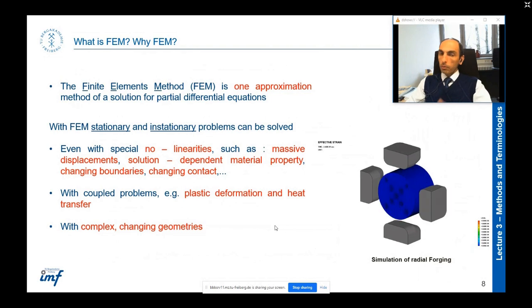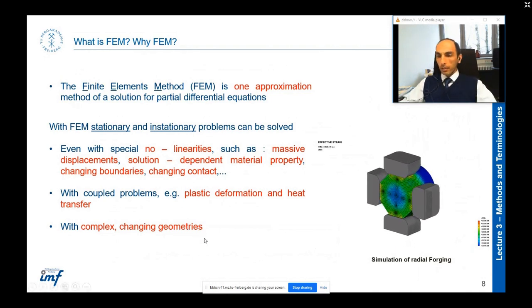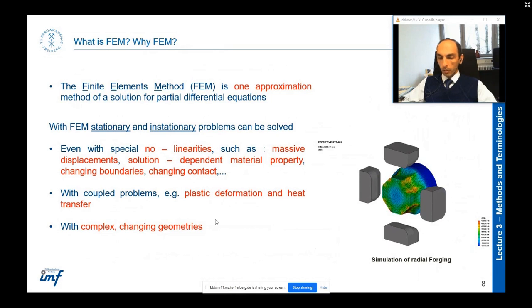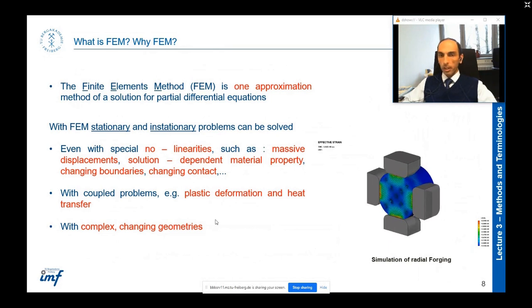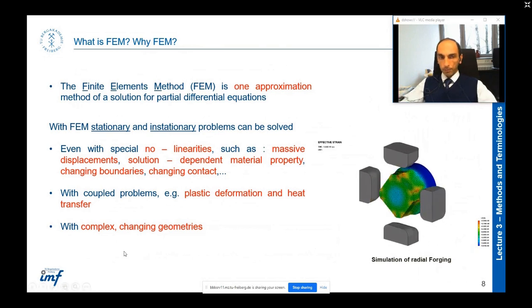But with FEM, you can couple these two together. Even more, you can apply the metallurgical and material properties like the microstructure, the grain size, and more, and bring them into the model with FEM.